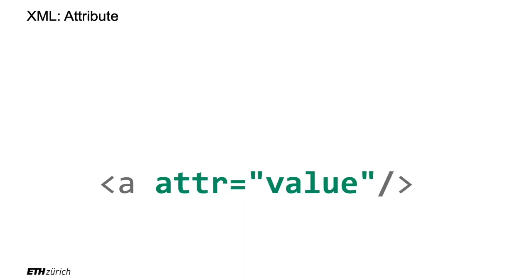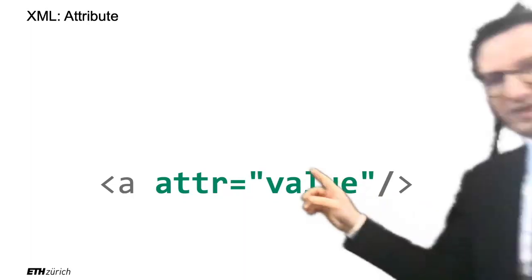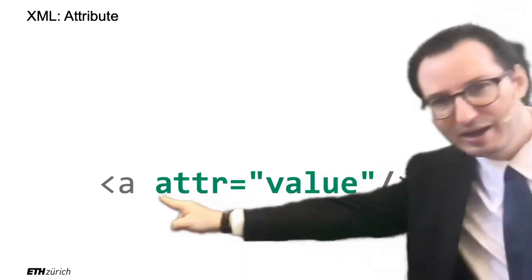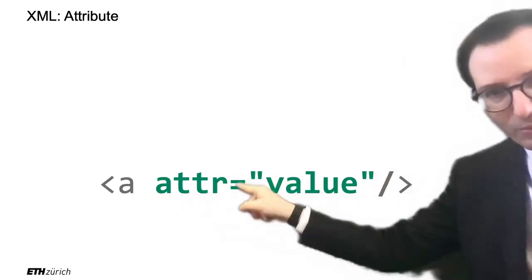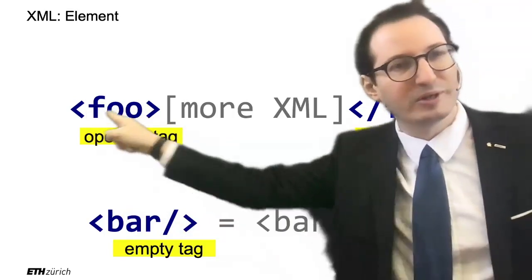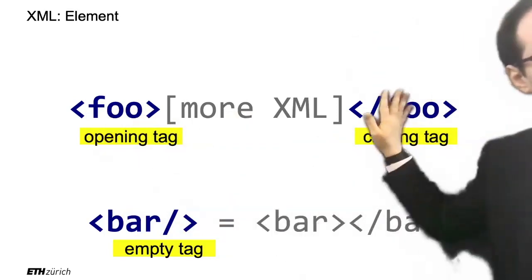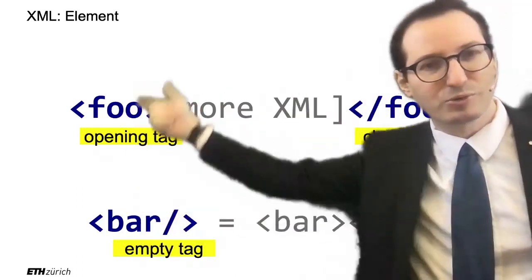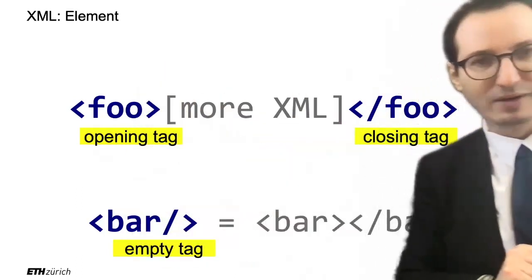So the attributes can only go to specific places, namely either in opening element tags or in the empty tags, meaning that you can have, you see, in that case, this is an empty element, the slash is at the end, and I put a key and a value in there with an equal sign. But you can also put them in here, in the opening tag. That's fine, too. Not here. That's not OK. It doesn't make any sense, right? Because you want to associate the attributes with an element, so either here or here.